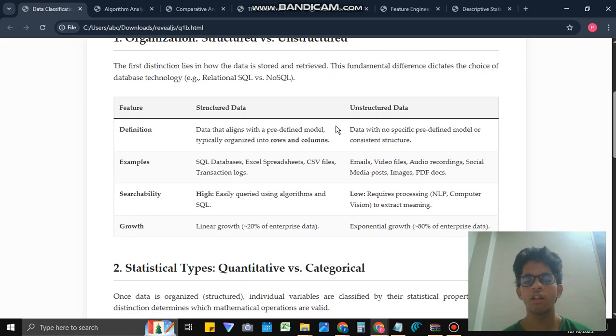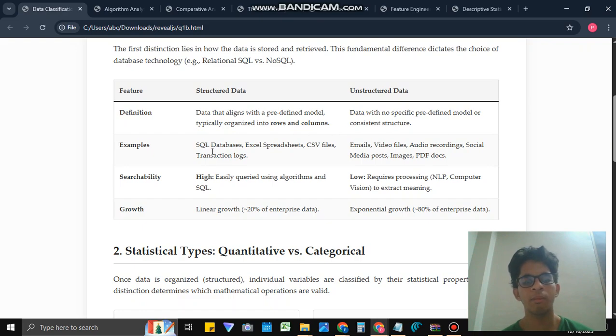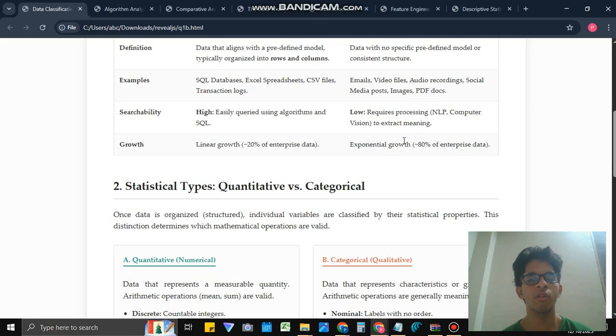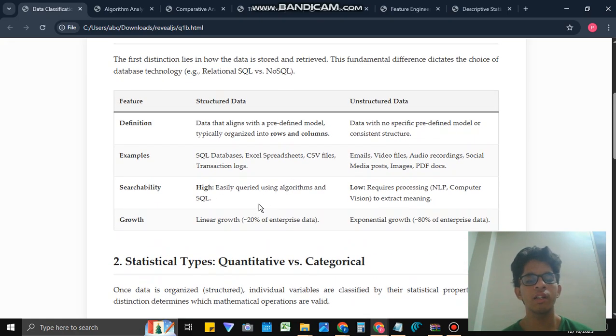Unstructured data do not have any predefined consistent structure. So basic examples are SQL databases, emails and videos respectively for both. Its searchability: structured data is highly queried using algorithms using SQL, and unstructured data requires processing like NLP, computer vision to extract meaning.